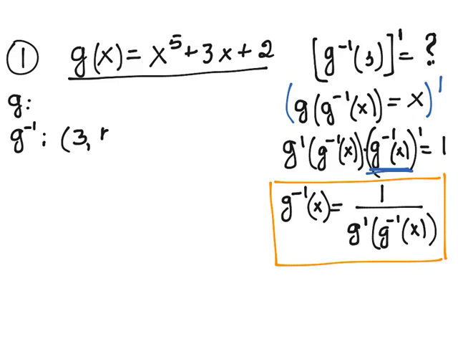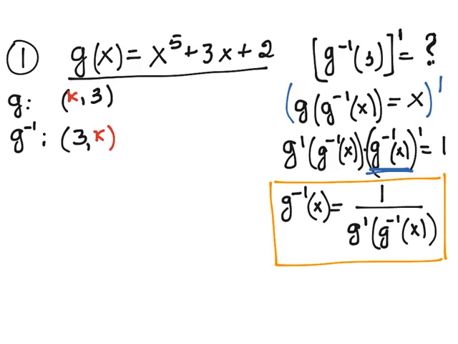So let's call it k. And then since they are inverses of each other, and you remember how domain becomes range, range becomes domain, then k represents the x value for function g, and the y value would be 3, right?